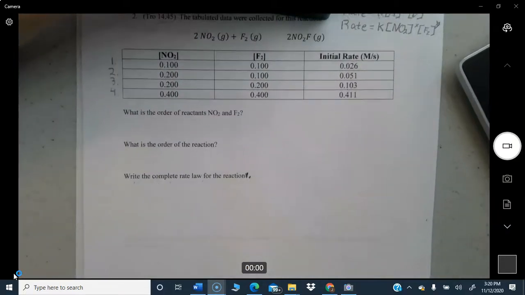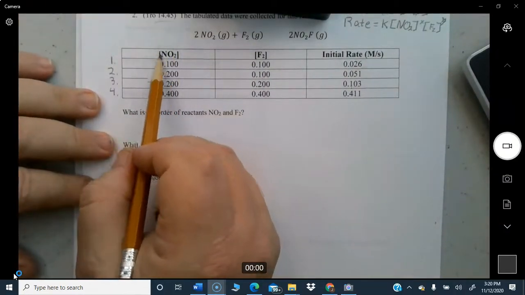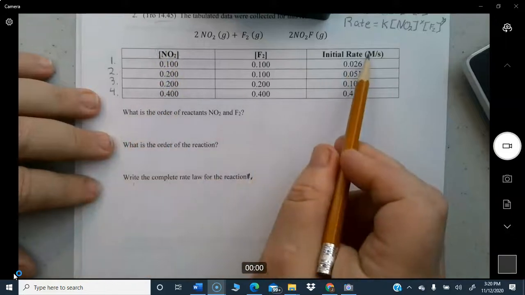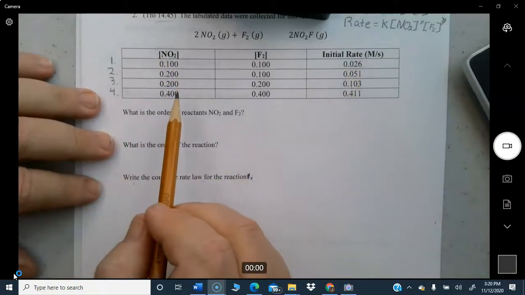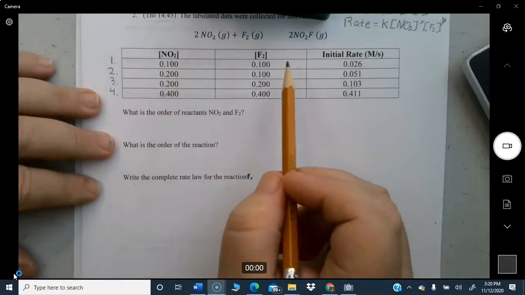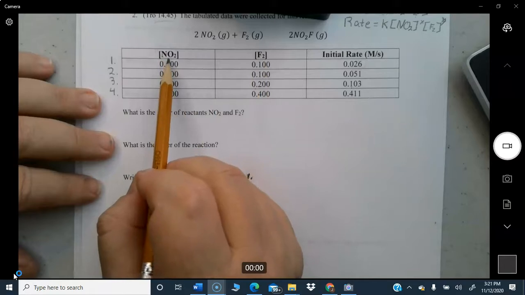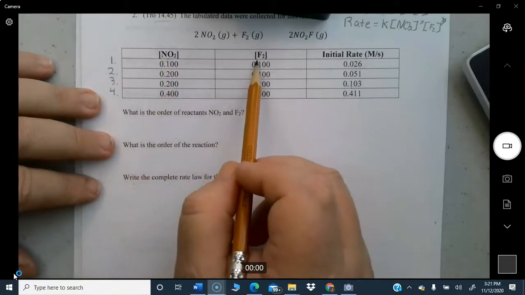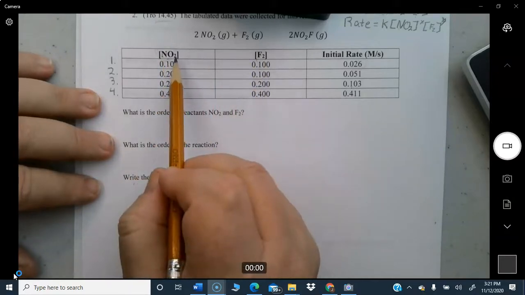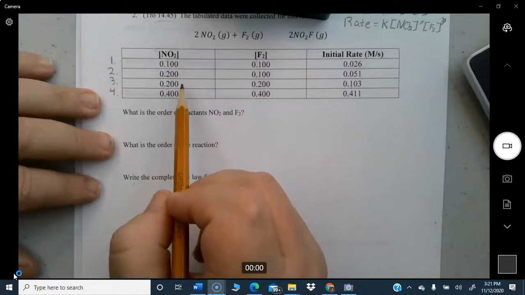Okay, so the way we do this is we want to see what effect the concentration of NO2 has on the rate. So we want to find 2 reactions where NO2 changes, but we want to hold F2 constant. You don't want both of them changing, otherwise you can't isolate the effect of NO2. So you want to keep F2 constant and find 2 reactions where F2 stays constant and NO2 changes.